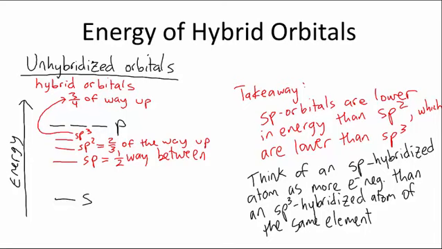So the question is, are the orbitals electronegative? I wouldn't think of the orbitals as being electronegative, but you can think of the atom itself, when it has a certain hybridization, as being more electronegative when it has sp hybridization than when it has sp2 hybridization, and that's a little more electronegative than when it has sp3 hybridization.